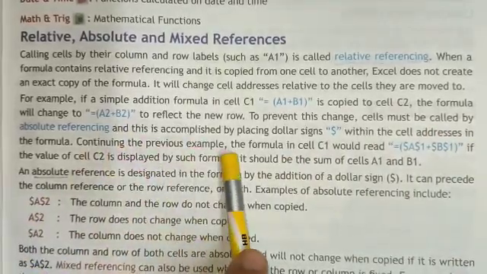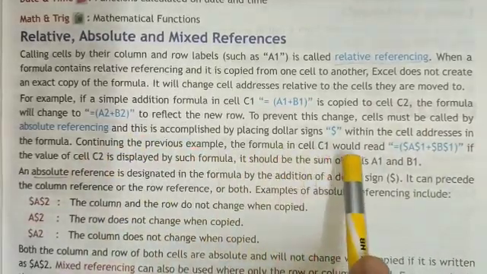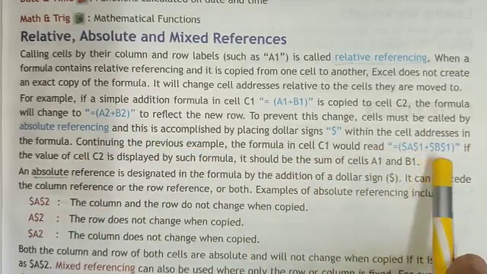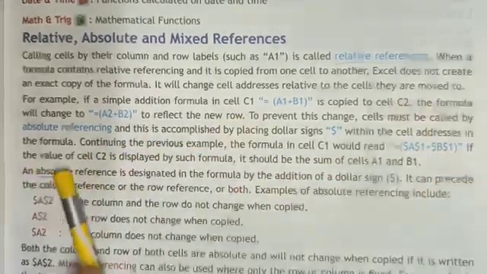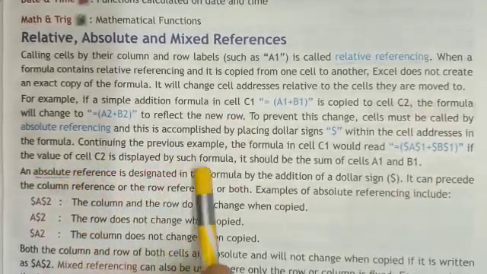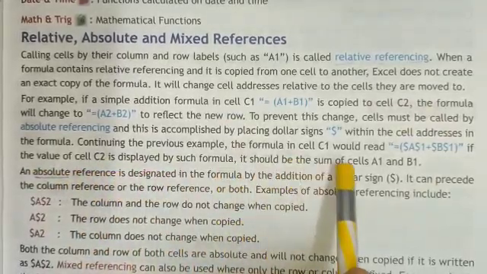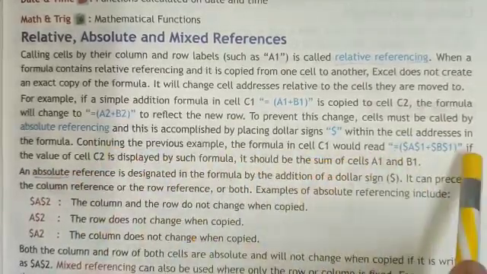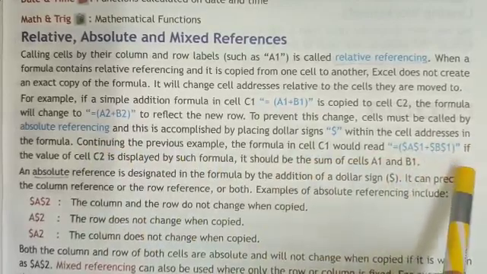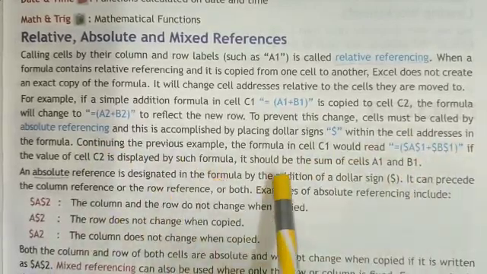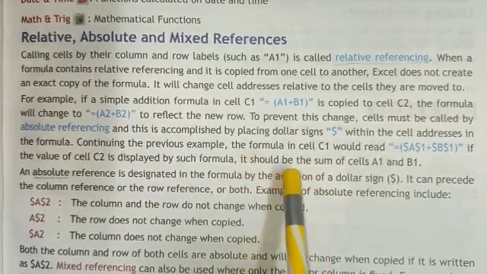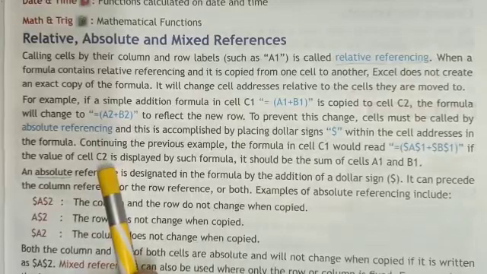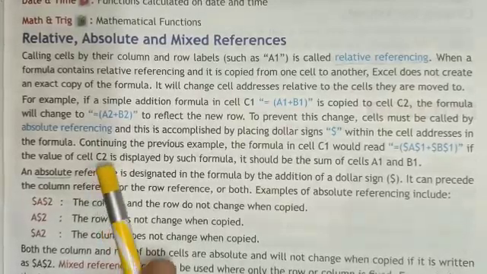Continuing the previous example, the formula in cell C1 would read equal $A$1 plus $B$1. If the value of cell C2 is displayed by such a formula, it would be the sum of cell A1 and cell B1. The formula will not get changed in cell C2.